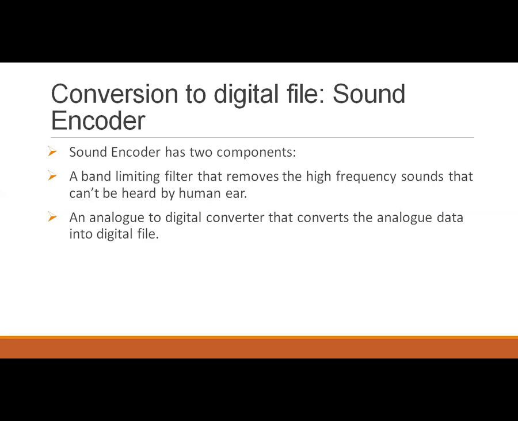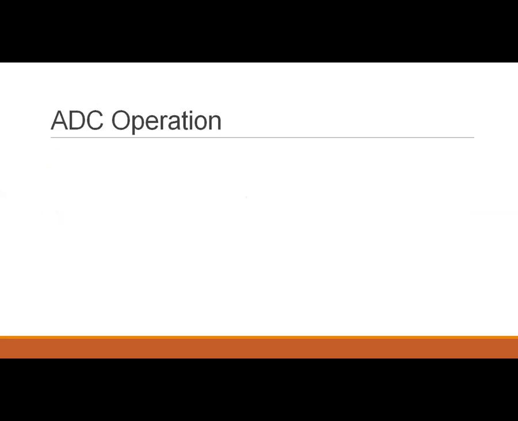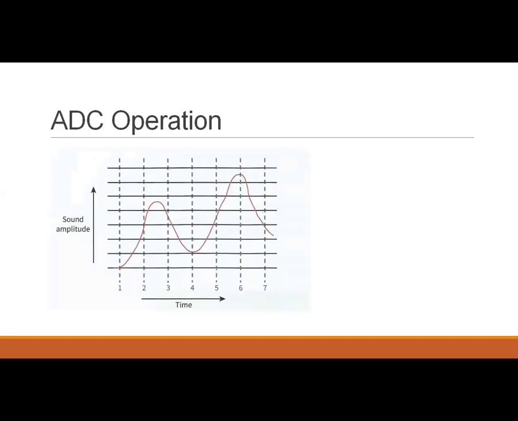Now, how is this done? The conversion of the analog data to digital is done using this diagram. I would try to help you understand this. The red line is a sound wave, and on that sound wave, we have made a graph.